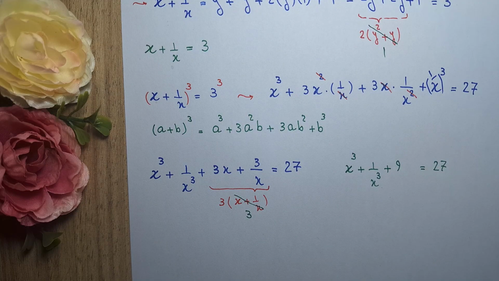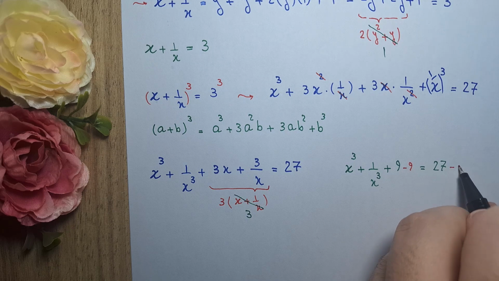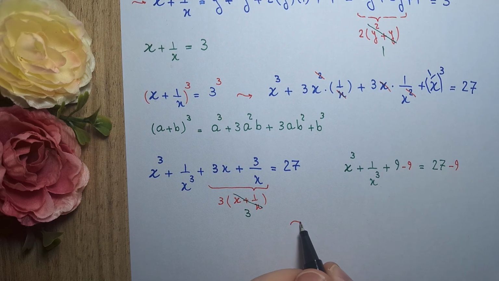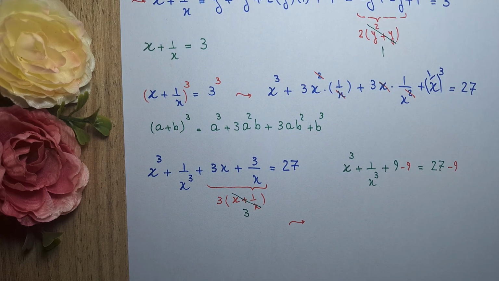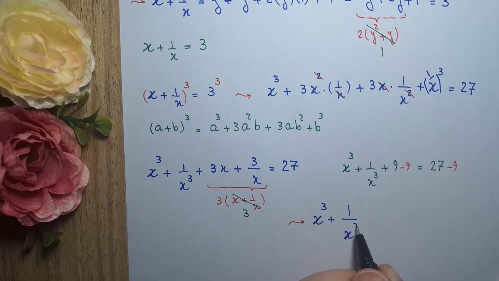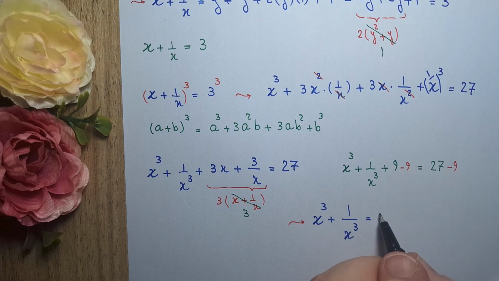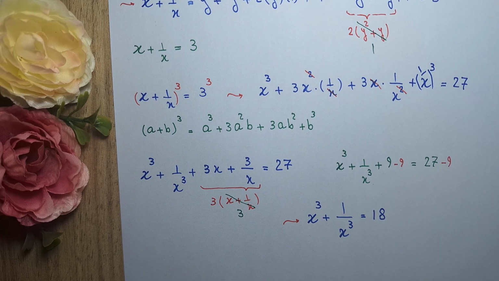And as a last step, we can add minus 9 to both sides of the equation, and the final answer is here: x power 3 plus 1 over x power 3 is equal to 27 minus 9, or 18.